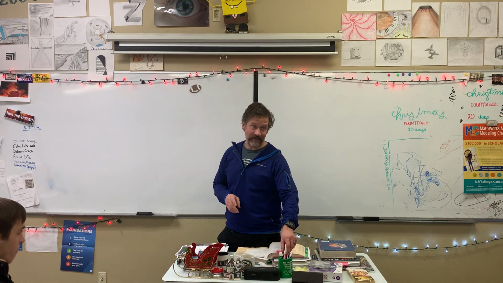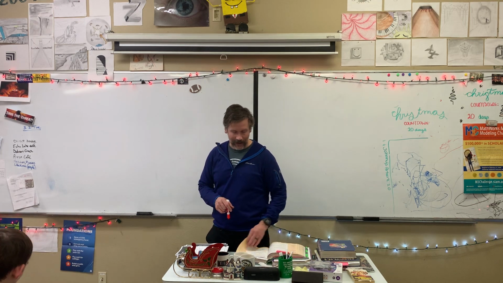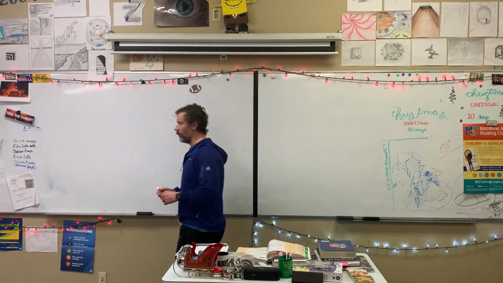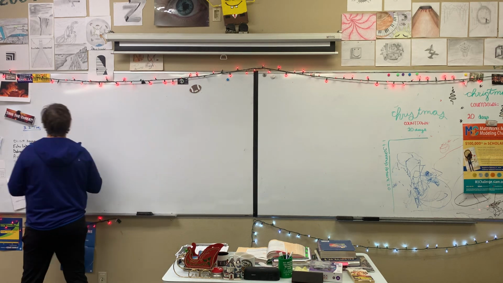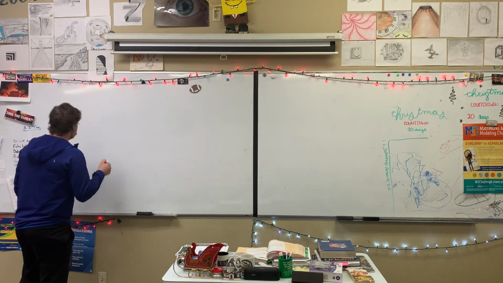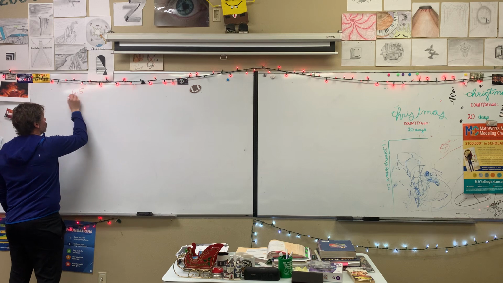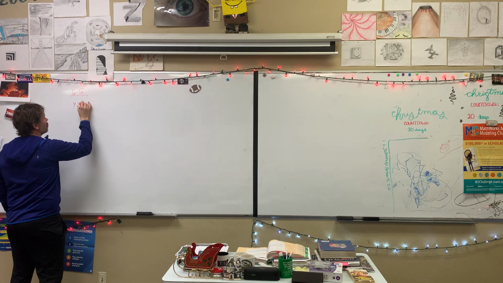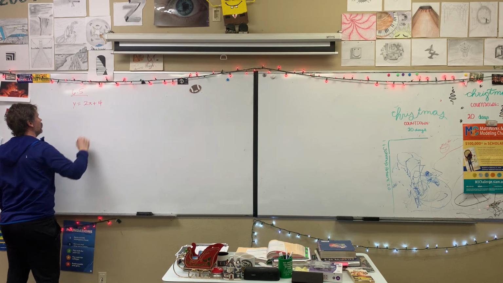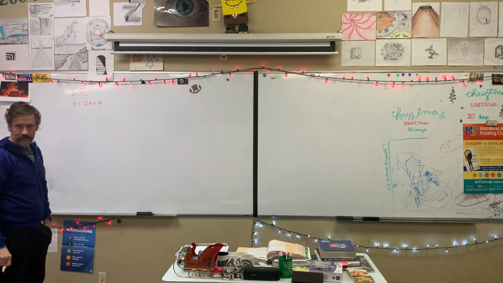So we're going to jump to 6.5, equations containing radicals. So you have a radical equation. If I gave you y is equal to 2x plus 4, that is not a radical equation.